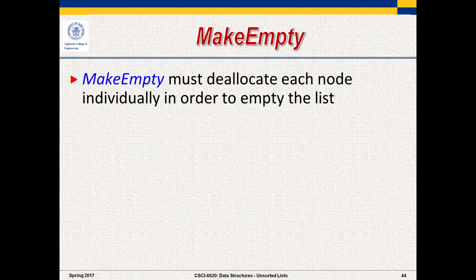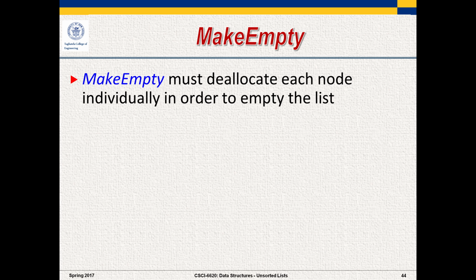You're not literally wiping out anything in that array. All the data elements are actually still there, but you're ignoring them, and you will overwrite them as you allocate the next thing. So essentially the big difference is that you can't do that with a linked list.